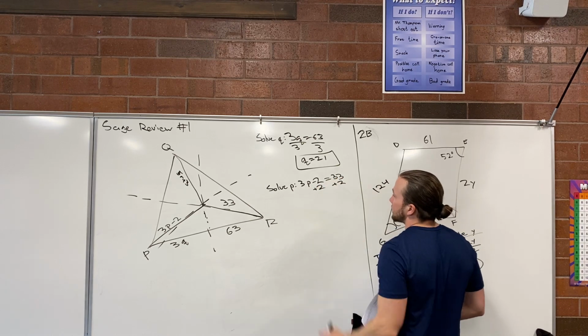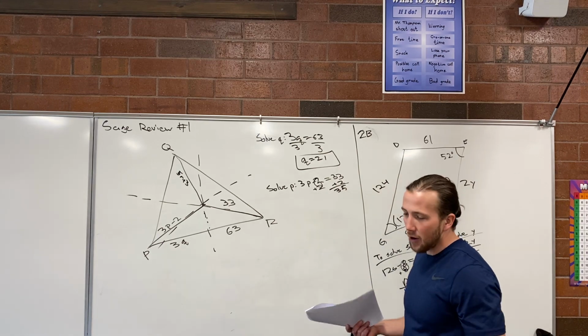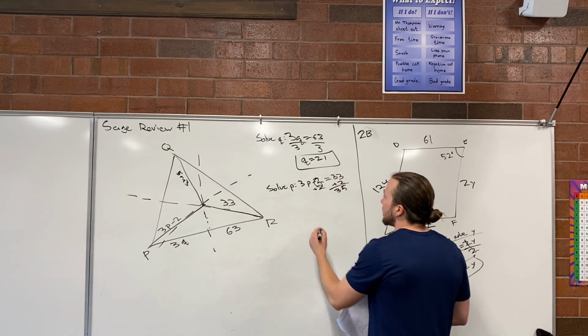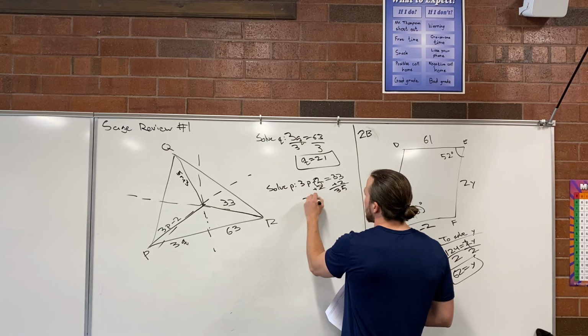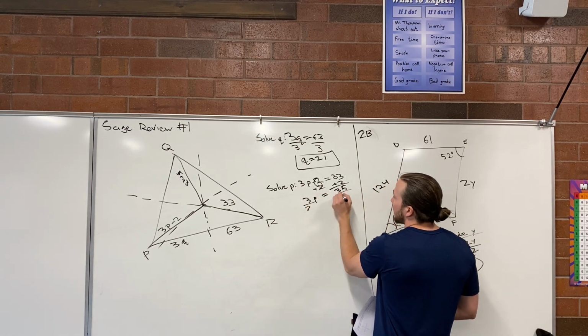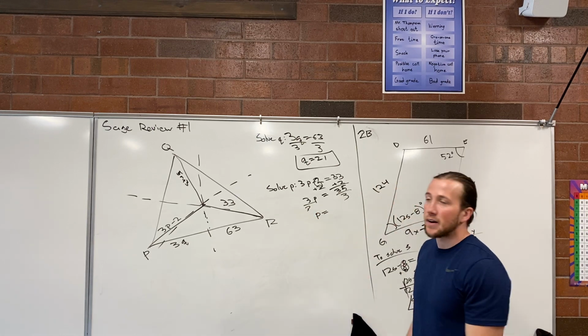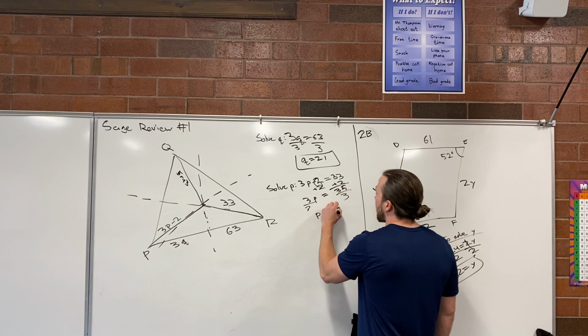Zeros out here, we get 35. So we're going to end up with a fraction for our answer, and that's fine. We can have fractions. So now I've got 3p equals 35. Now I divide by 3 on both sides, which gives me p equals, and I'm just going to leave it as 35 over 3.